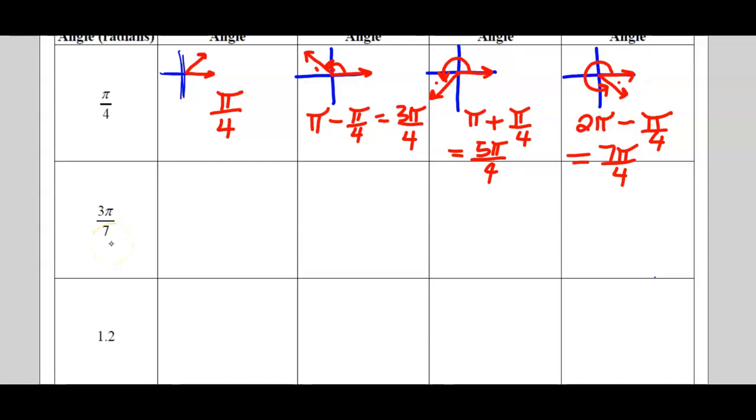3 pi over 7 is not. So these next ones won't be as common, but the same process. So 3 over 7 is in the first quadrant. It has to be because it's a reference angle. We would be incorrect if we put something in here that was greater than pi over 2. So in here, this answer is just going to be the same.